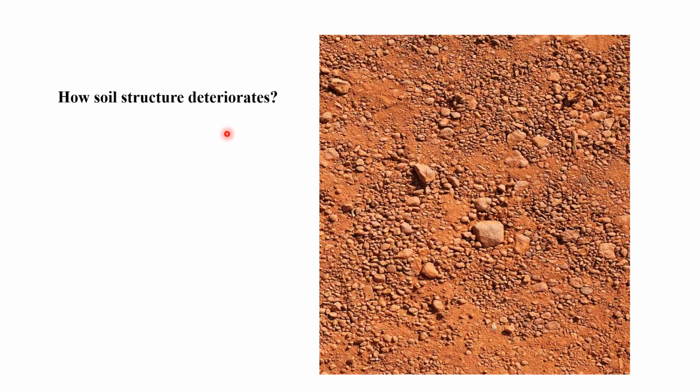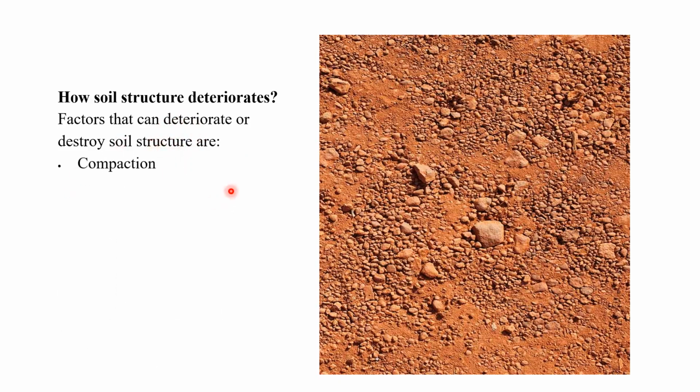One thing we can see is how one can disturb the natural structure of the soil which is available below the ground level, how it can deteriorate, or one can destroy it. Suppose you compact the soil, the structure is going to be disturbed, right?